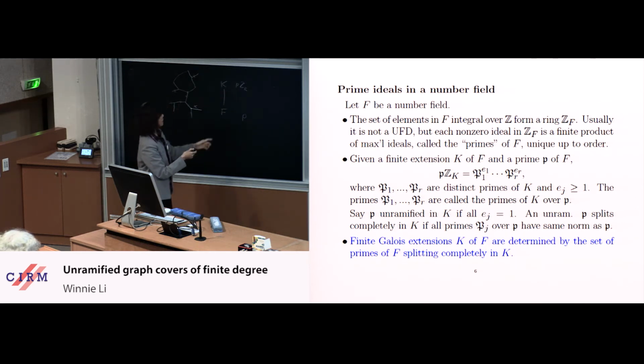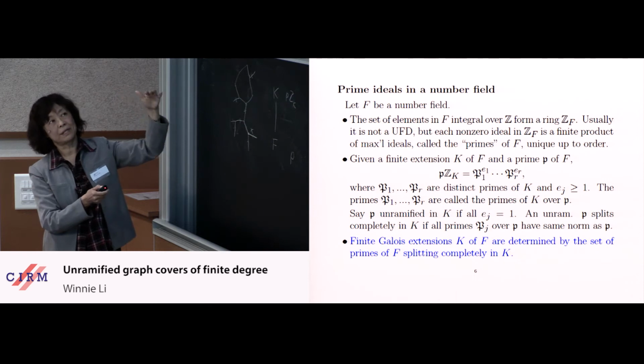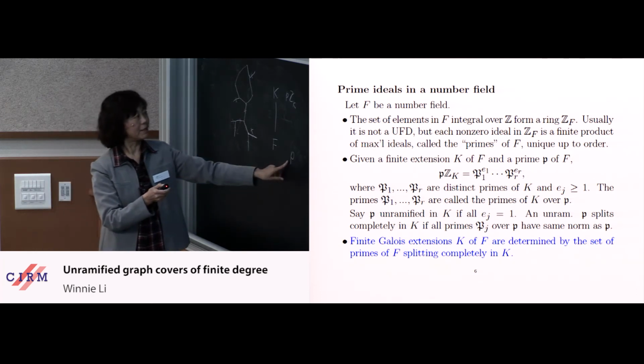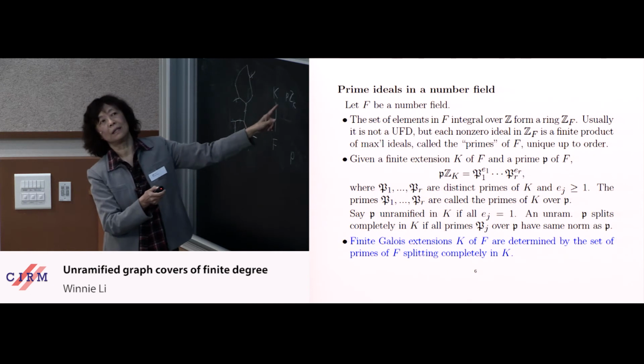And when we look at this factorization, there's a special case, namely that our exponents are all 1, and also each prime P' upstairs has the same degree as the primes downstairs. Another way to say it is that the number of distinct primes upstairs is equal to the degree of the extension. Okay. So when this happens, we say that this prime P downstairs splits completely upstairs.